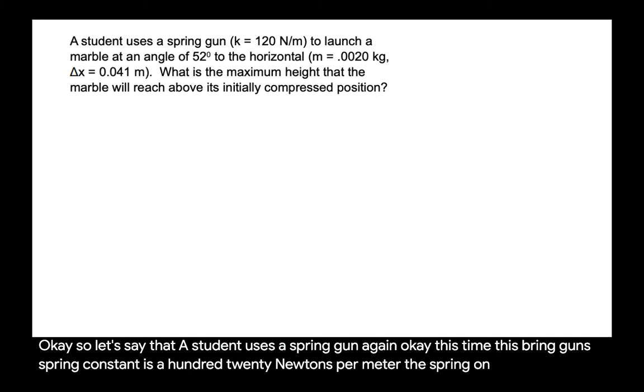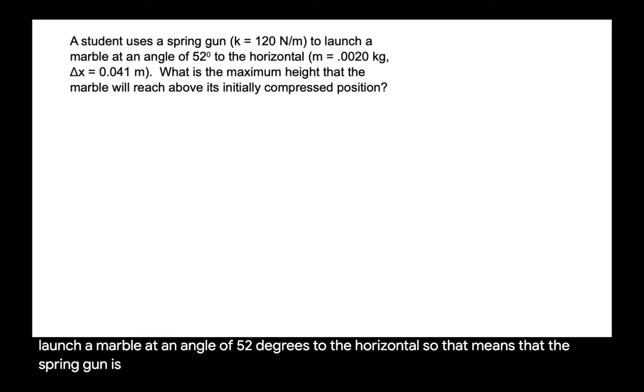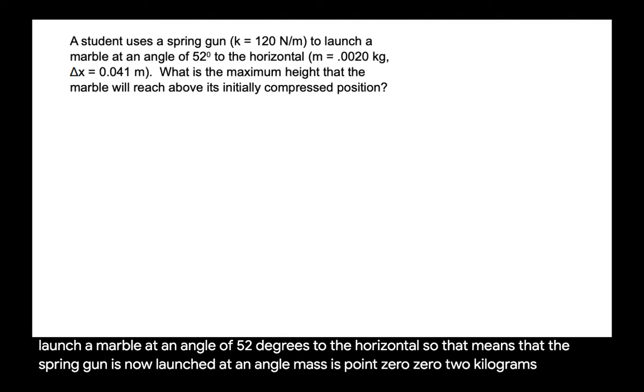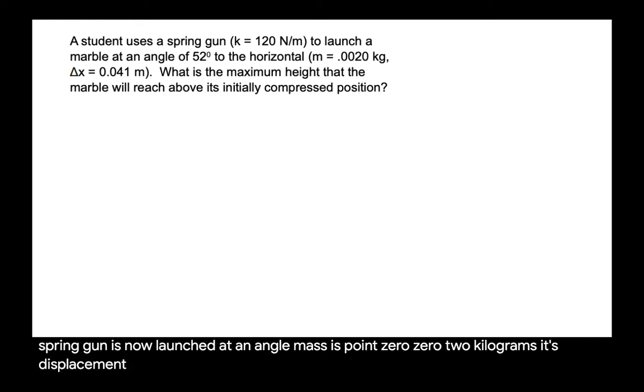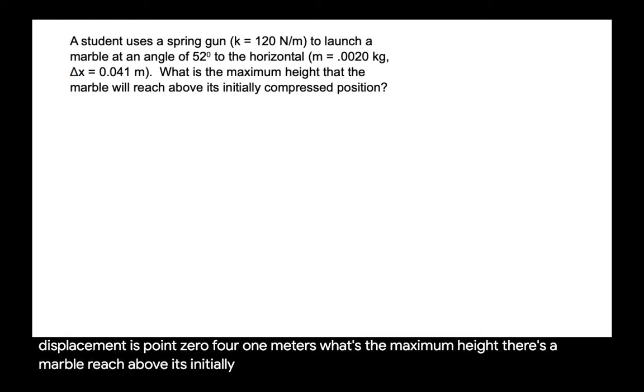The spring gun is used to launch a marble at an angle of 52 degrees to the horizontal. So that means that the spring gun is now launched at an angle. Mass is 0.002 kilograms. Its displacement is 0.041 meters. What's the maximum height that the marble will reach above its initially compressed position?